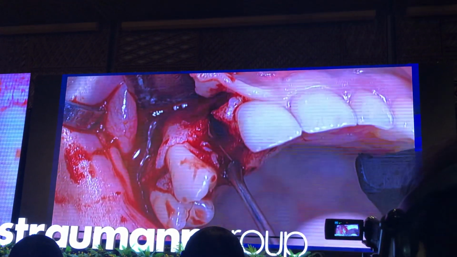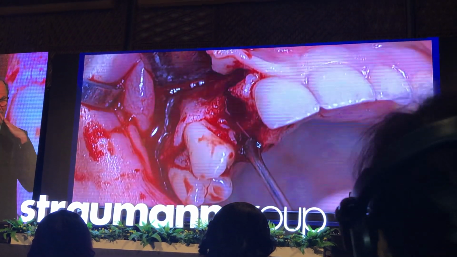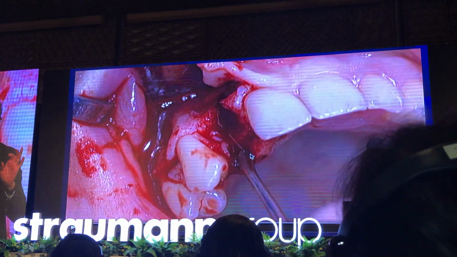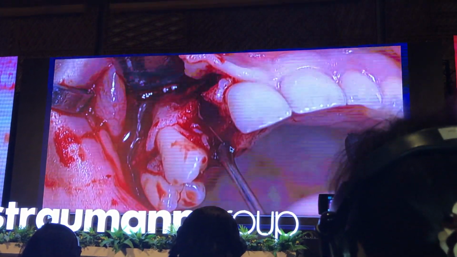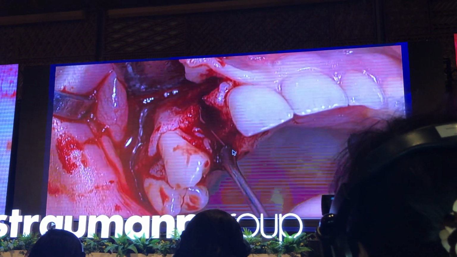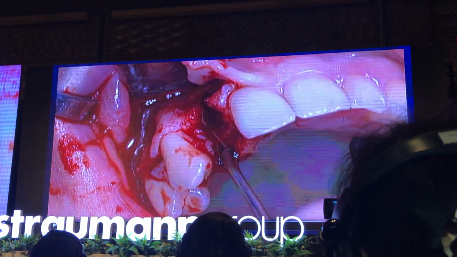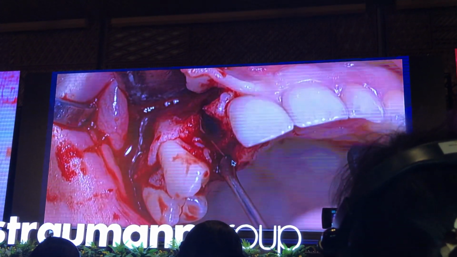You see that you also mobilize the flap a little bit to the palate to check the height of the palatal wall. Normally the palatal wall is very thick, and that's very good. Because when you put a bone level implant in, the shoulder has to be below the crest on the palatal side, subcrestally located. Very important.